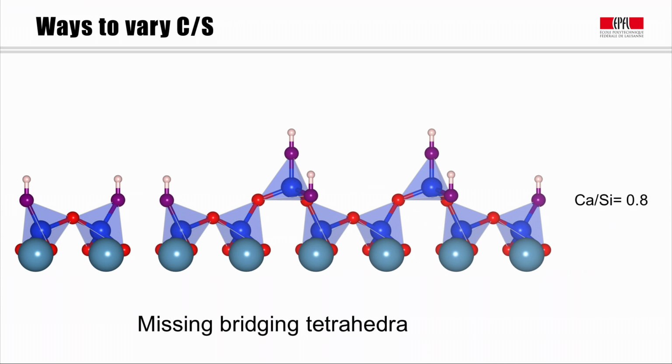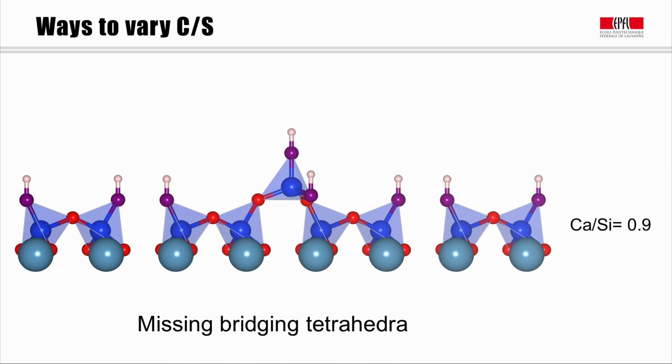We have less silicon, the same amount of calcium, and as we go through this sequence, you can see on the right here that it's telling you the calcium to silicon ratio, and you see it's going up. So that's the first way we can introduce defects which increase the calcium to silicon ratio. But this is nowhere near enough to take us to the kind of calcium silicon ratios we know we have in cement paste. We need other mechanisms.